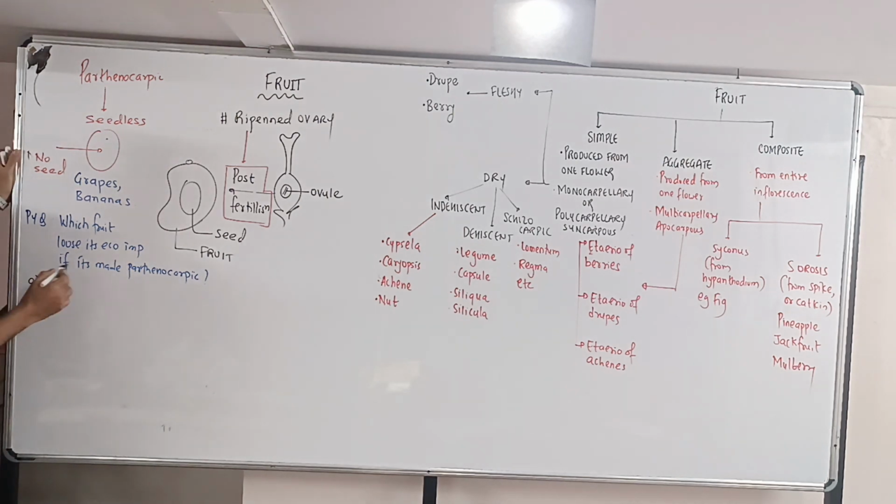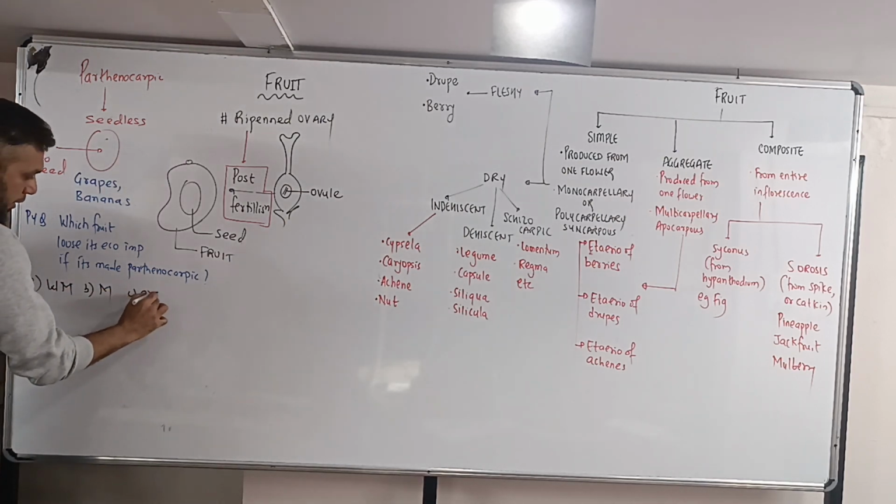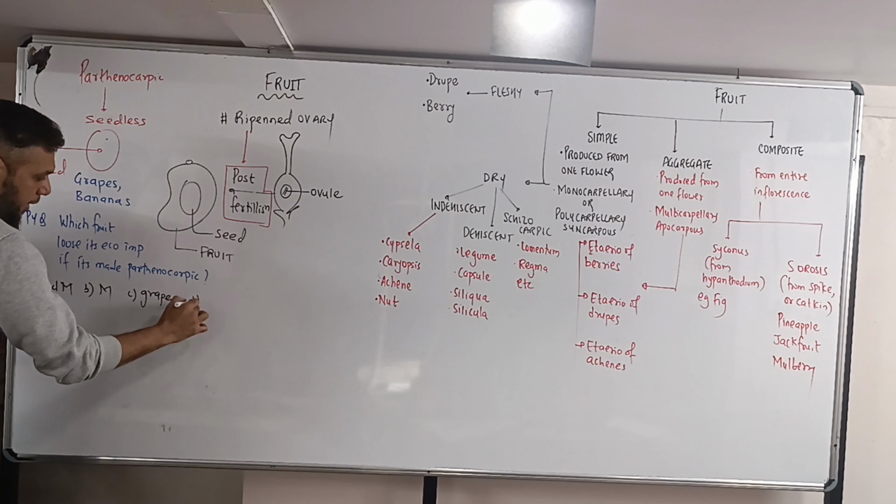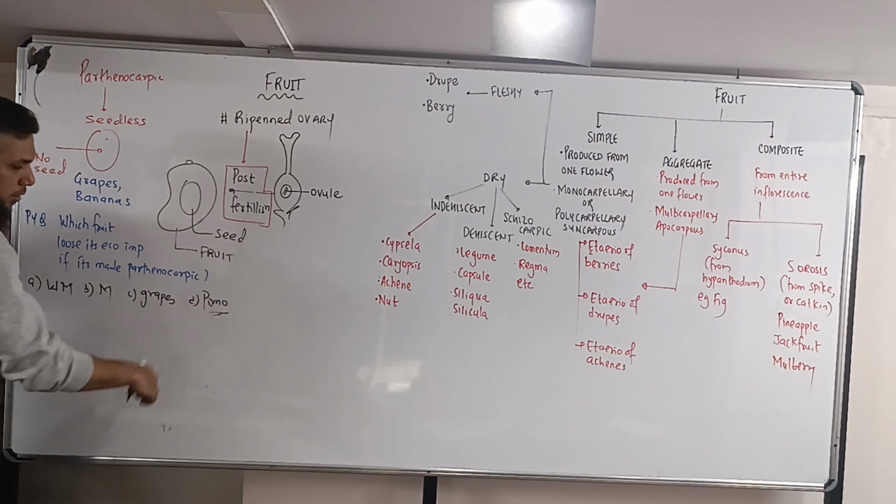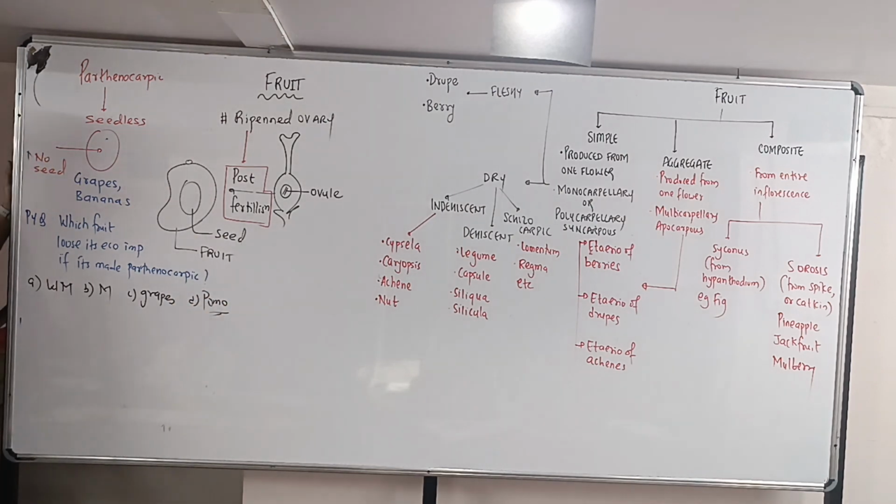Parthenocarpic. Options are, say for example, watermelon, mango, grapes, and pomegranate. क्वेश्चन समझा कि कौन से फ्रूट का वैल्यू चला जाएगा अगर उसके फ्रूट को हम लोगों ने क्या कर दिया? पार्थेनोकार्पिक कर दिया, मतलब सीडलेस कर दिया.